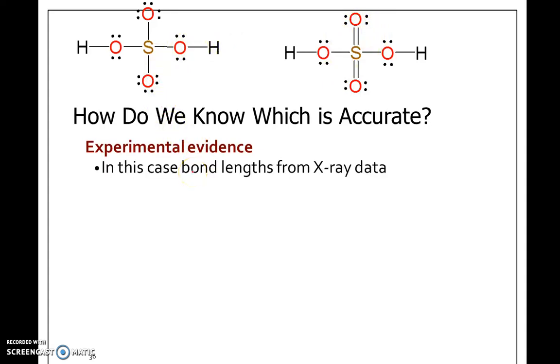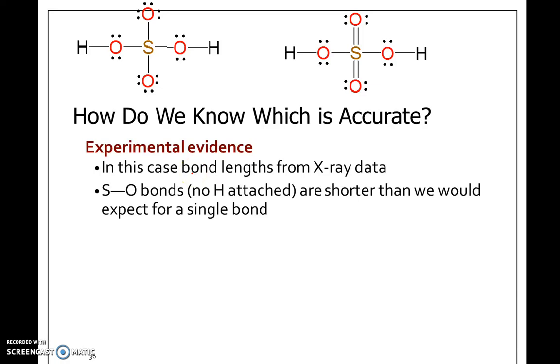Well, we have experimental evidence. In this case, the bond length from X-ray data. X-ray is not just used for finding broken bones. It's also used in chemistry to calculate bond length and behavior of electrons. We can measure the bond length, so the distance between this sulfur and this oxygen. We talked a little bit about this when we defined bonds in chapter 2, I think it was. If we just look at the sulfur and oxygen, the sulfur-oxygen bonds are shorter between the oxygens without the hydrogen.